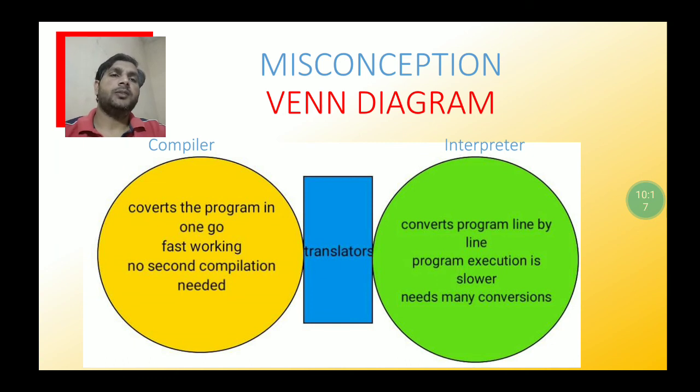But here it is blue box. What does this blue box show? This blue box shows you the similarities between compiler and interpreter. What are the similarities between compiler and interpreter? So both are translators. So now you can well understand the difference between interpreter and compiler.